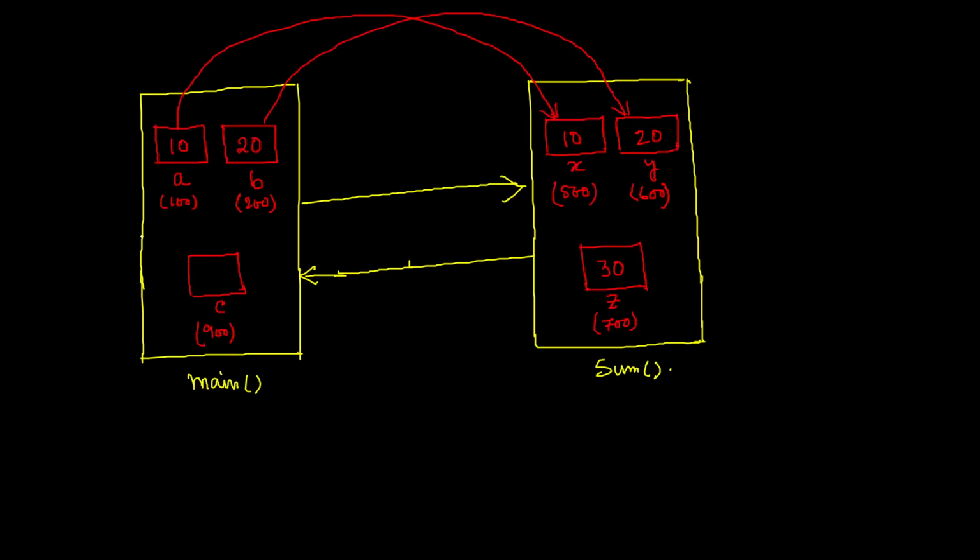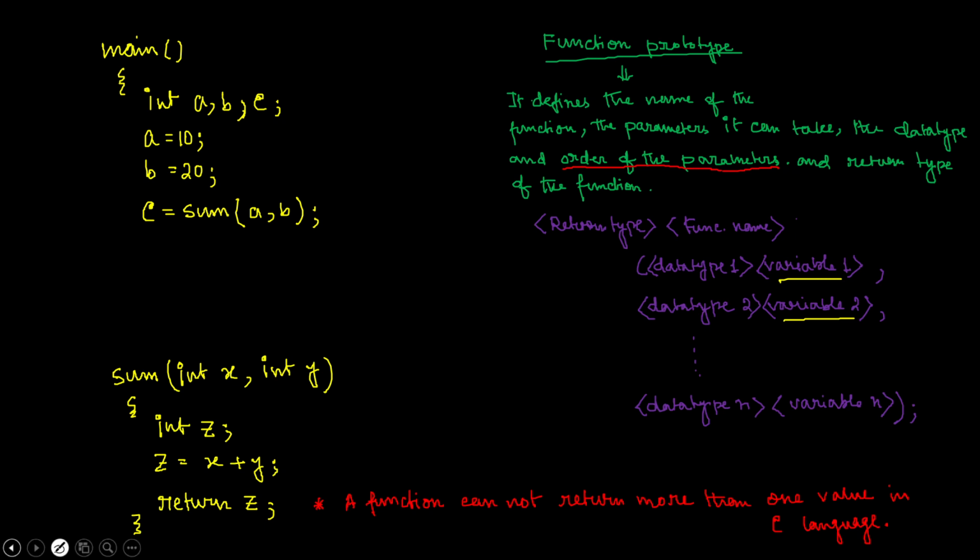So what will happen? The result 30 will now get copied in this c variable. Now obviously the scope of c is within the main function. So within the main function, I can easily write a printf statement to show the result to the client.